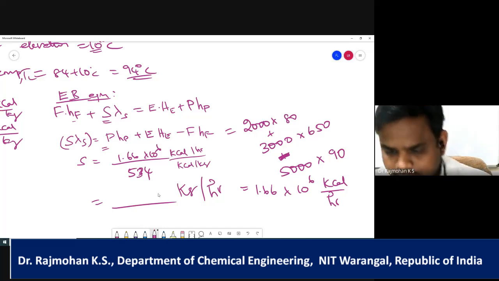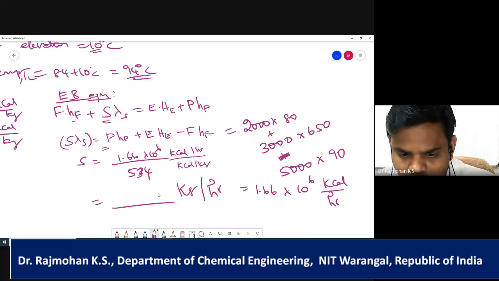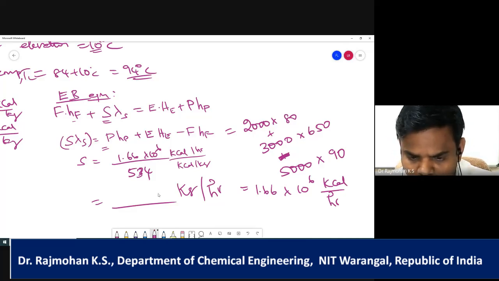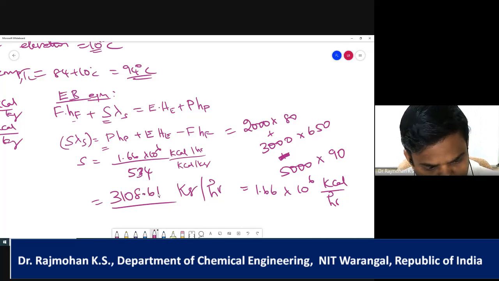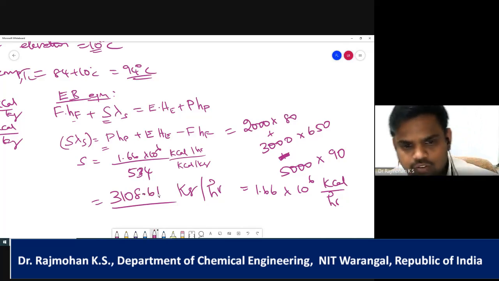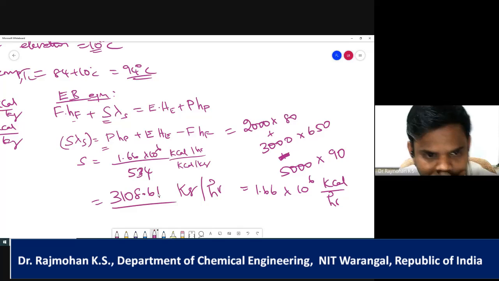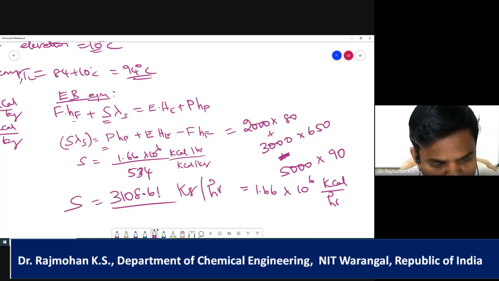We'll cross check it. 2000 into 80 plus 3000 into 650 minus 5000 into 90 is equal to 1.66 into 10 power 6. That is correct. Divided by 534 equal to 3108.614. So that way you can skip those values. Okay, so we get steam value equal to this much kg per hour.